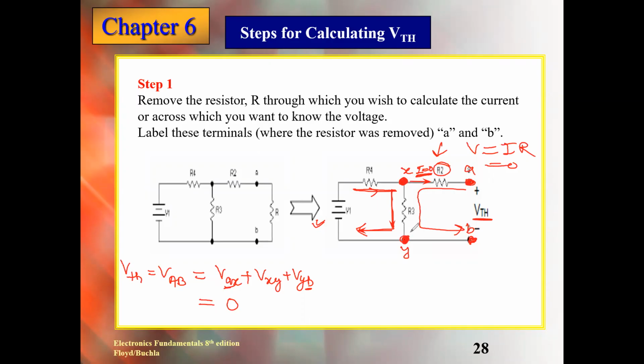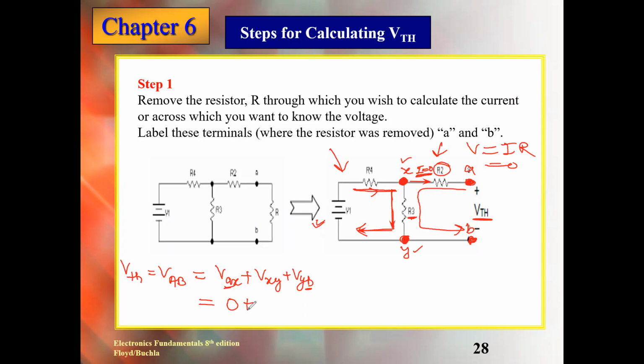We need to calculate the voltage X and Y, which is basically the voltage across R3. If you look at this circuit, is this a simple series circuit with two resistances? Yes. So can we apply voltage divider to calculate V3? Because V3 is the voltage we are calling VXY.